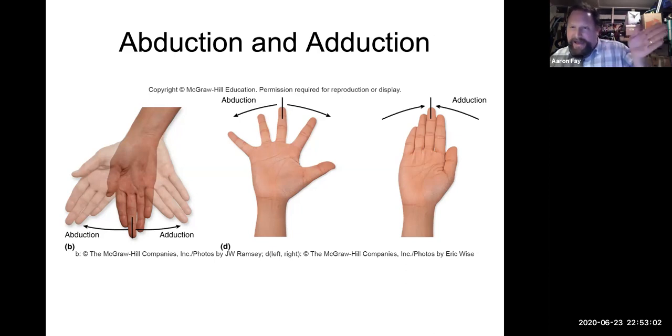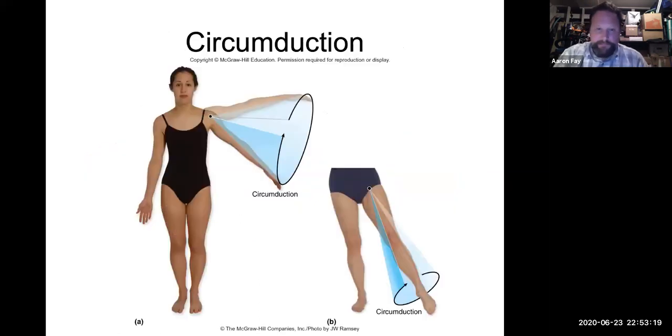When you abduct and adduct your hand, you're moving the hand closer to the center line of your body. When you abduct your fingers or adduct your fingers, you move closer to the center line of the hand. So just to make that clear. Circumduction, that's just a rotational motion in 3 dimensions.